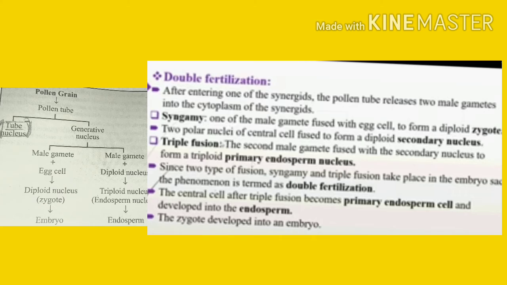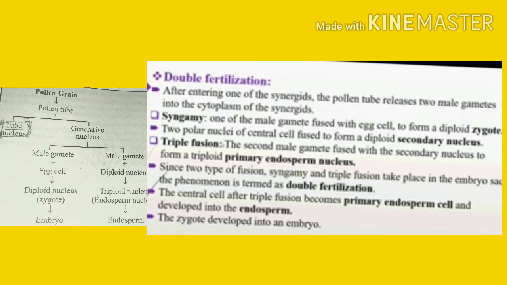Two polar nuclei of the central cell fuse to form the diploid secondary nucleus. Now second, triple fusion takes place. The second male gamete fuses with the secondary nucleus to form the triploid primary endosperm nucleus.